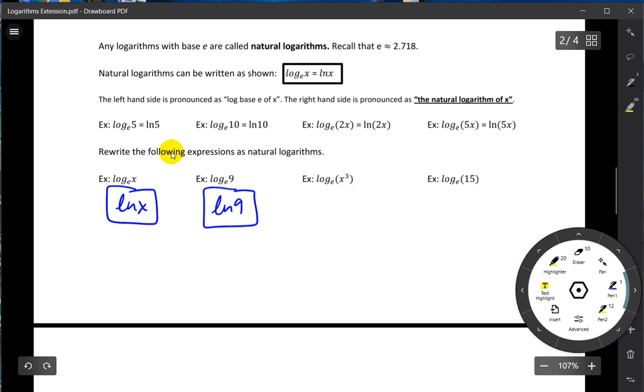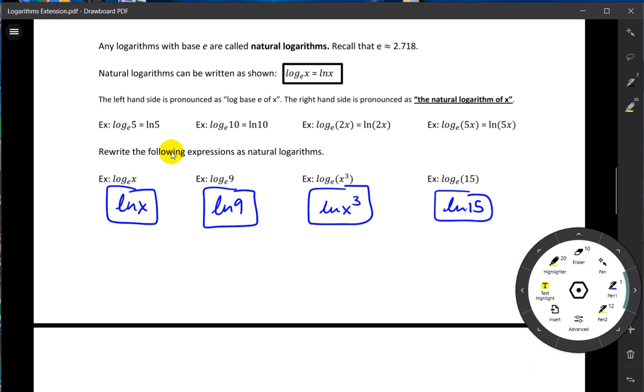This is the same thing as ln of x cubed. And this is the same thing as ln of 15. Anytime you see log base e, a mathematician will just abbreviate that and put ln in front. That's generally how that works.